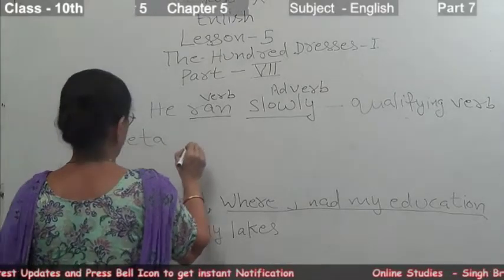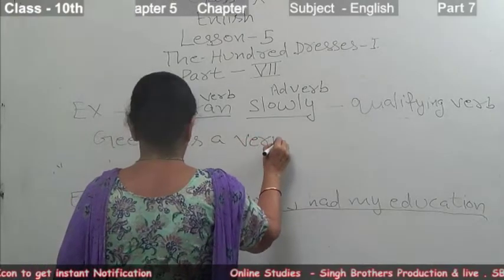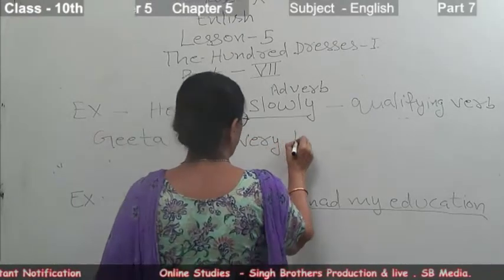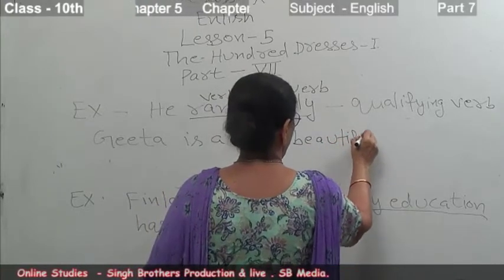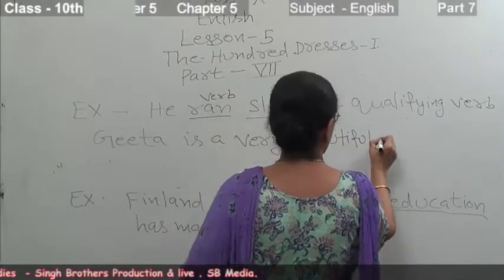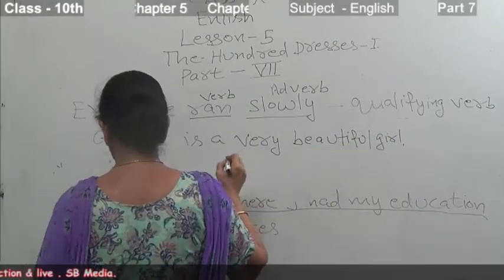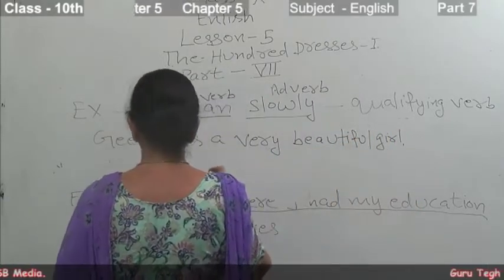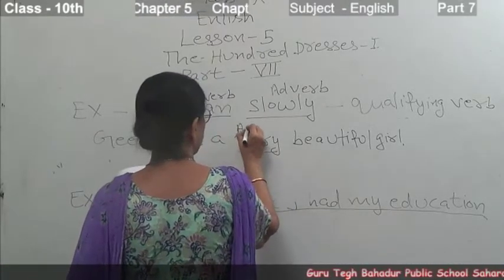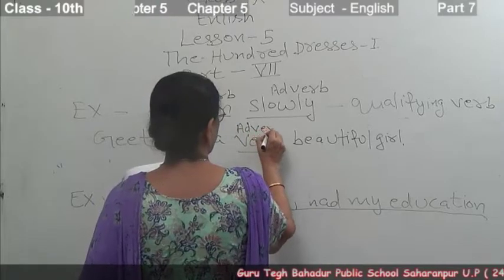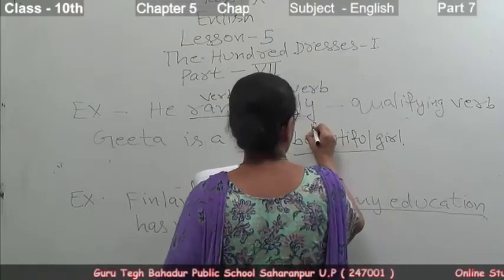"Geeta is a very beautiful girl." Here in this sentence, very is the adverb, beautiful is the adjective.